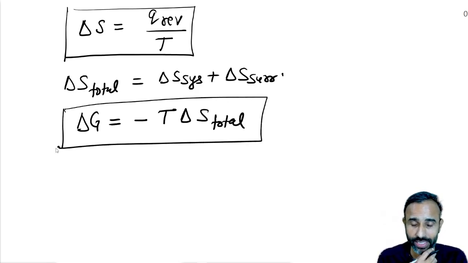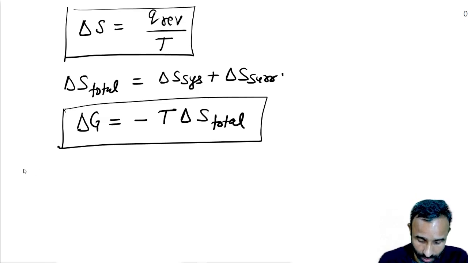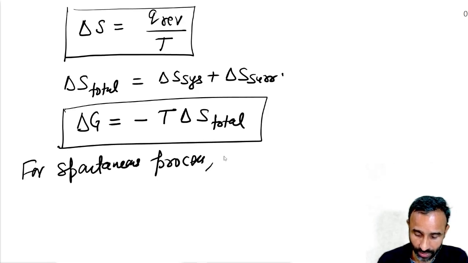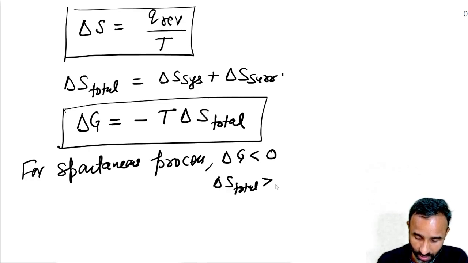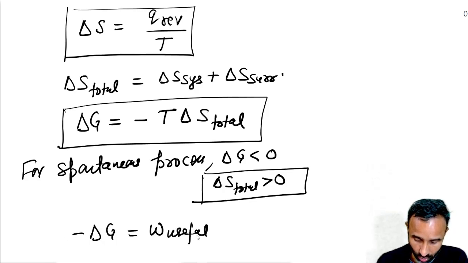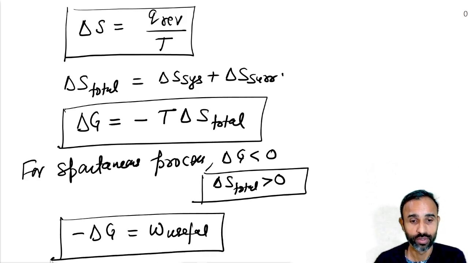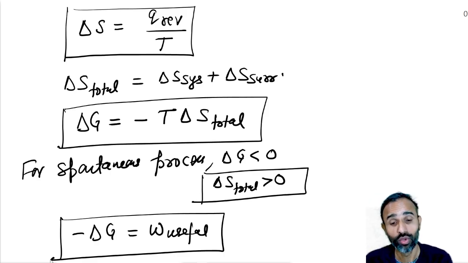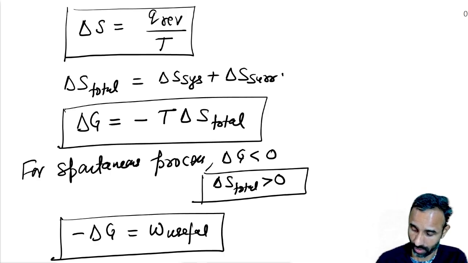That implies for a spontaneous process, delta G is less than 0, that means delta S total should be greater than 0, and minus delta G is also equal to the useful work done. If we would like to produce electricity, minus delta G is equal to that useful work done.